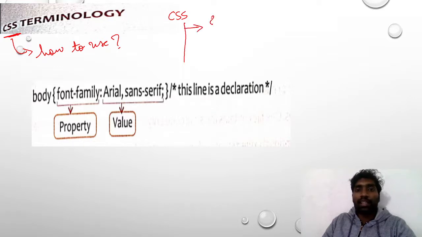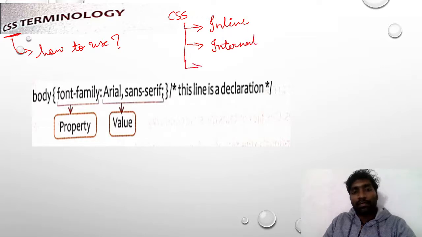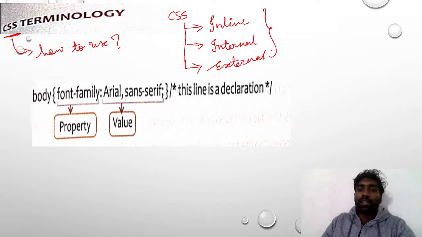First one is inline, second is internal, and third one is external. These are the three methods we can use for the CSS file.